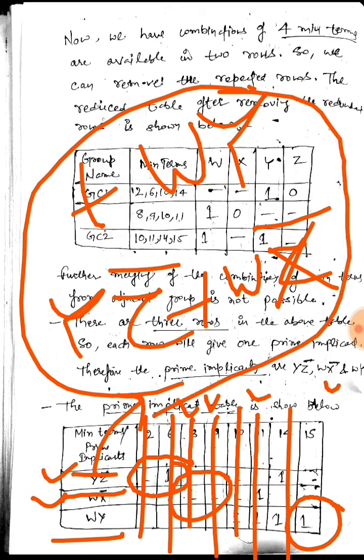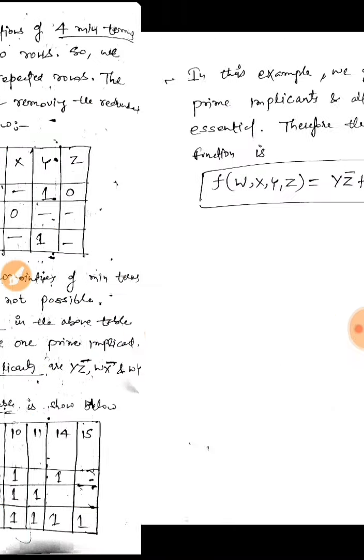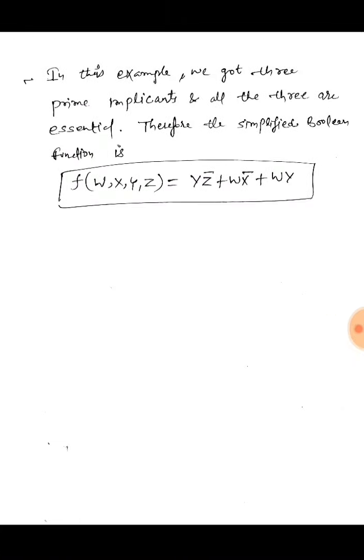These are my essential implicants, and they form the simplified answer. In this example we got 3 prime implicants and all 3 are essential. Therefore the simplified Boolean function would be y z bar plus w x bar plus w y.